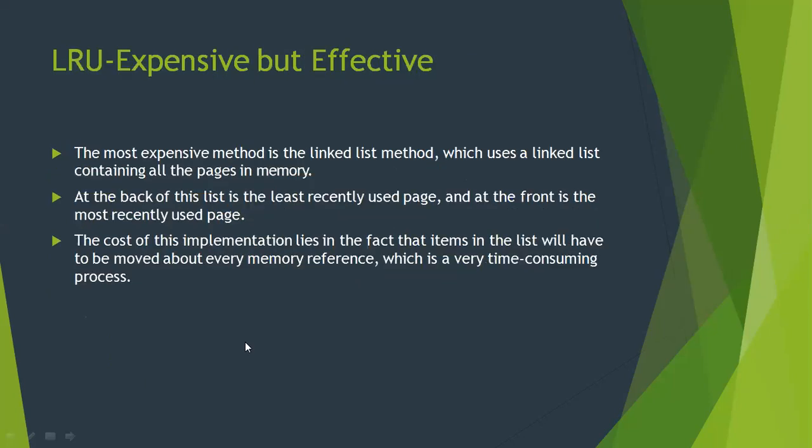LRU is expensive but effective, and the most expensive method is the linked list method, which uses a linked list containing all the pages in memory. So the most effectively used algorithm is LRU rather than FIFO.